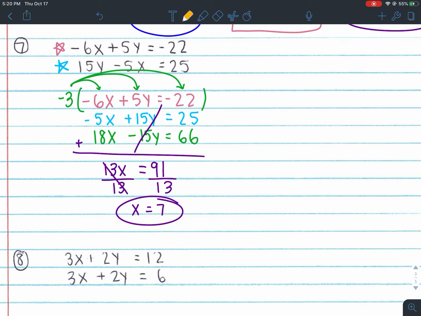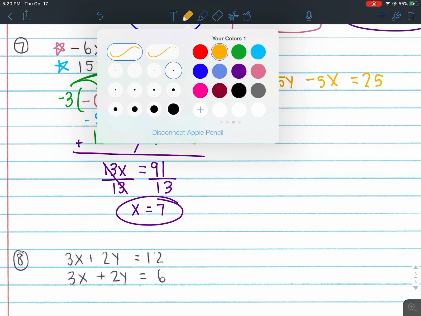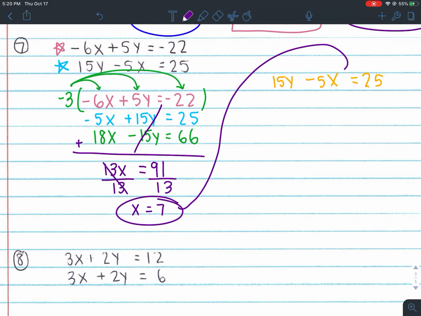Okay, are you done? Nope, because you have to have a solution point. So you pick one of your equations. Let's pick the second one just to be different for once. So I'm going to plug this value in for my x value.